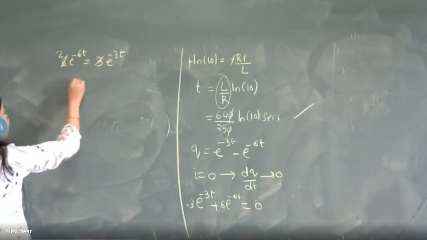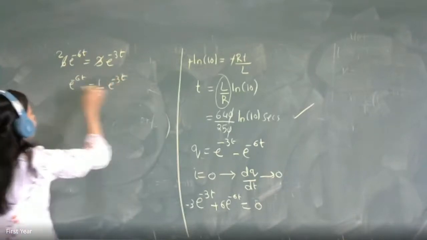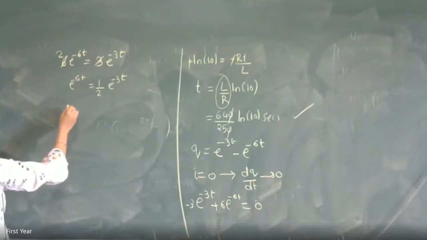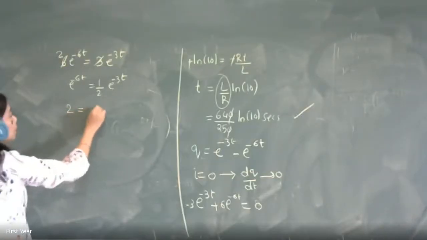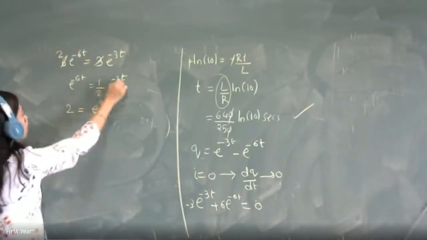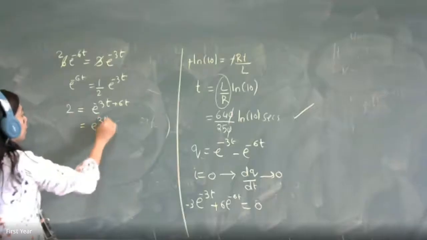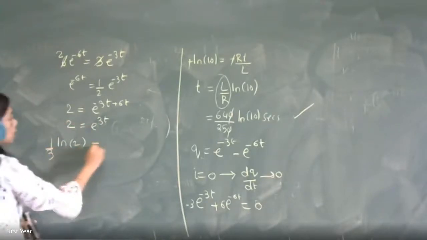So e raised to minus 6t is equal to 1 by 2, e raised to minus 3t. We can take e raised to minus 3t to the left side. So 2 is equal to e raised to 3t, and therefore ln of 2 into 1/3 is the time required.